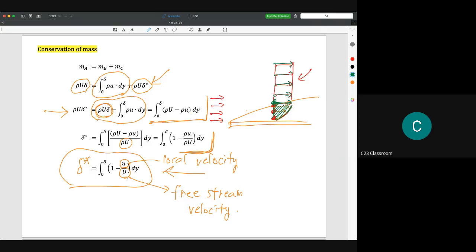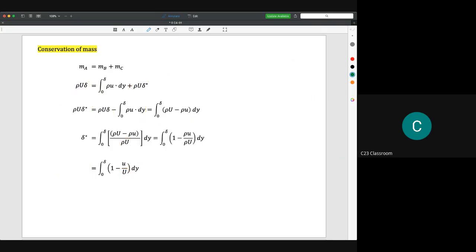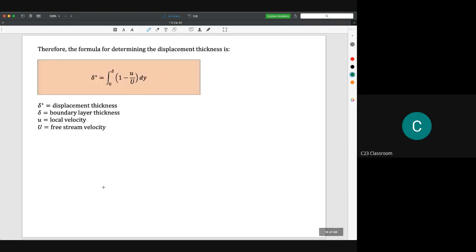Okay, so this is the idea and the basic equation for displacement thickness. You need to remember this equation. This is the final equation for determining the displacement thickness, which is delta star equal to the integration from 0 to delta of 1 minus u over U dy.